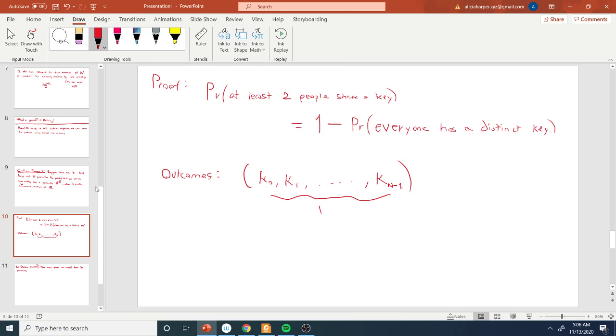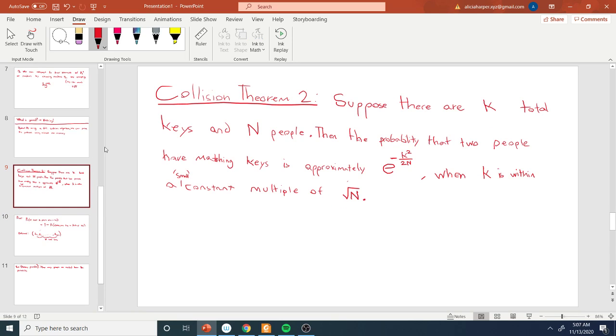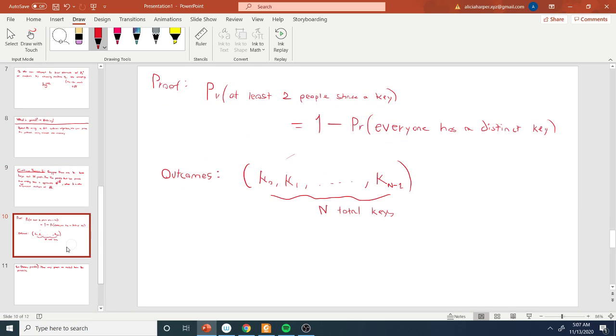So we have n total keys. And we're going to be assuming that n here is smaller than k, just to make it interesting, because if there's more people than there are keys, there will of course be a collision by the pigeonhole principle. So if everyone has a distinct key, then what we're asking is that ki is not equal to kj for any i, j.